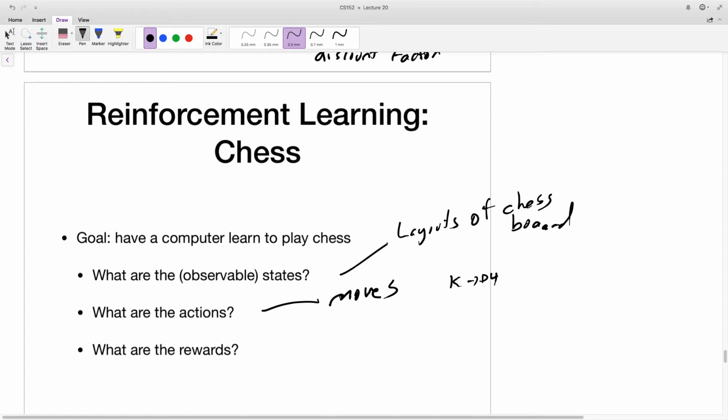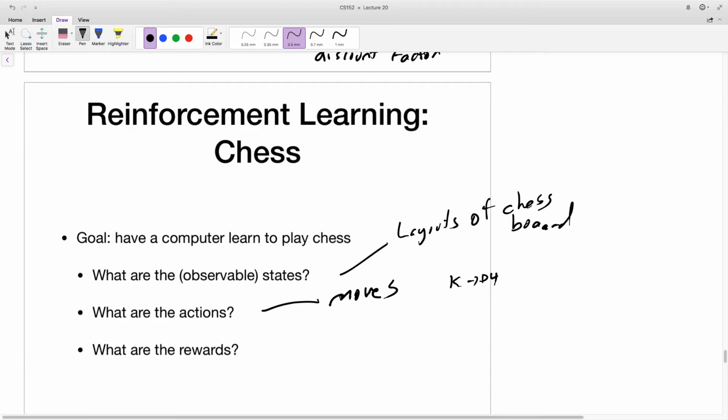I just started learning this again recently. In my day, it used to be like knight to queen bishop 3. It turns out a simple A through H and 1 through 8 is a much easier way to represent the pieces on the board. Anyway, king to d4 is one possibility. Or maybe you could just say the piece at this location to this other location.